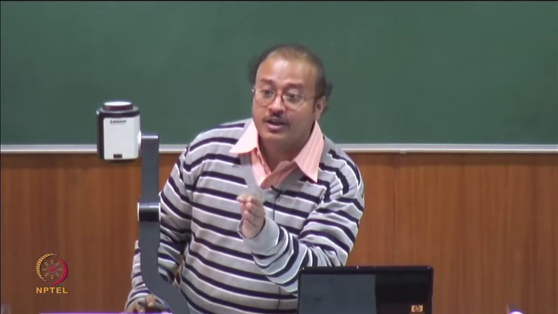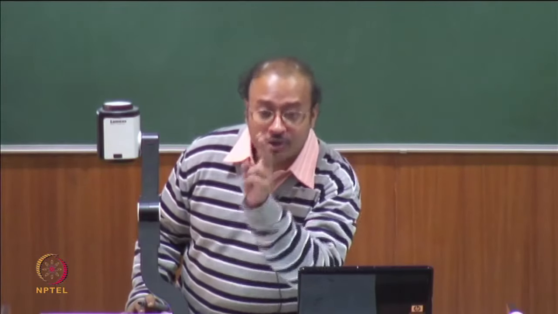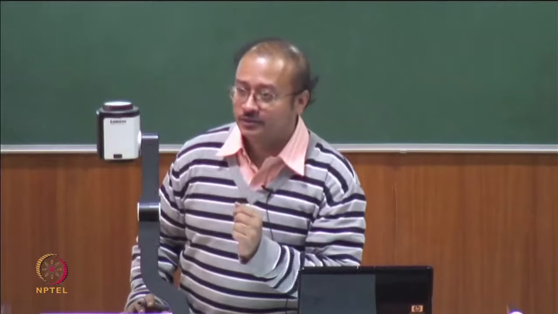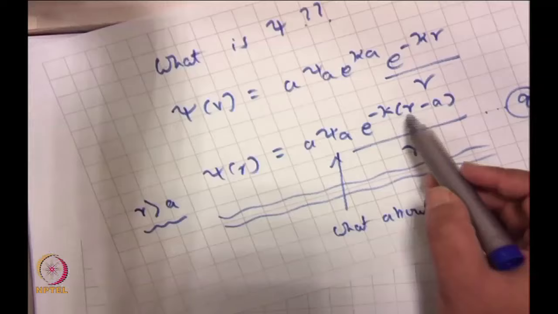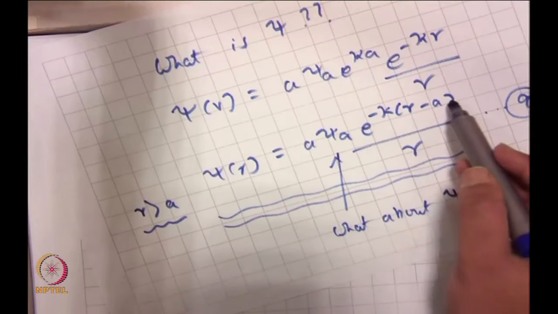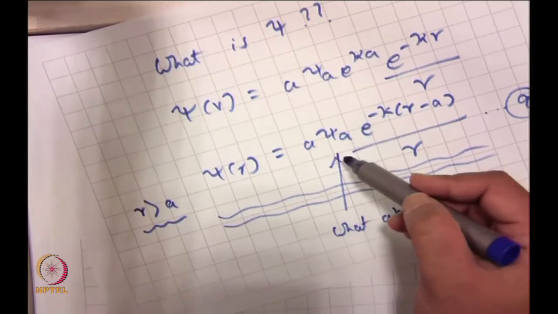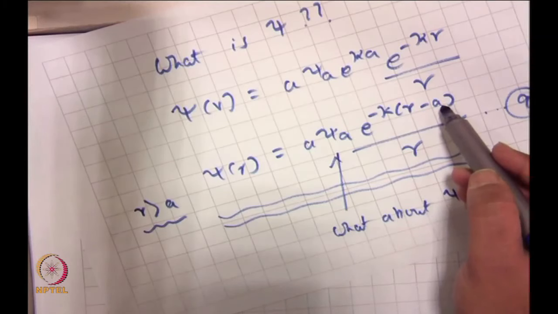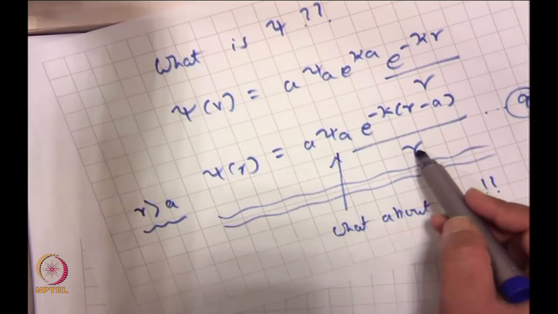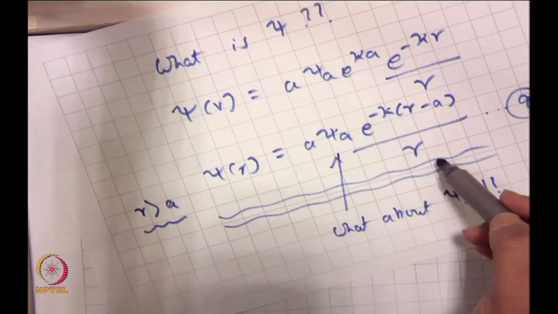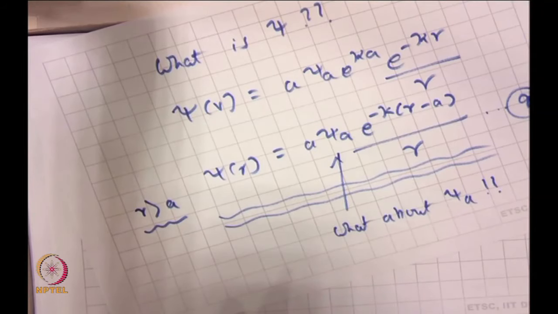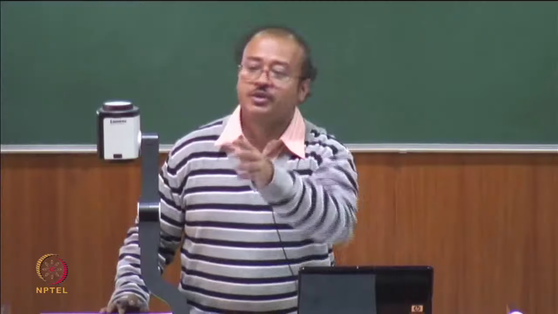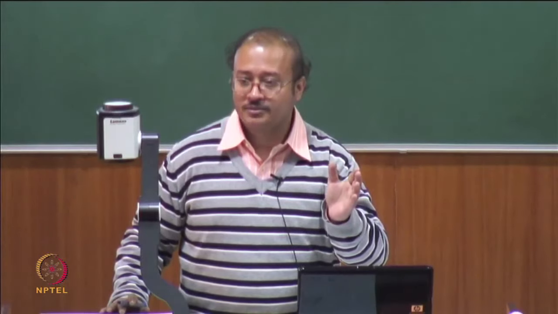The minimum r can be is equal to a, because if r is equal to a, the exponent goes to 0, that means 1, and the a over r cancels out, so you get psi of a, the electrostatic potential at the surface of the protein. So r always has to be greater than a, otherwise it will not make sense.